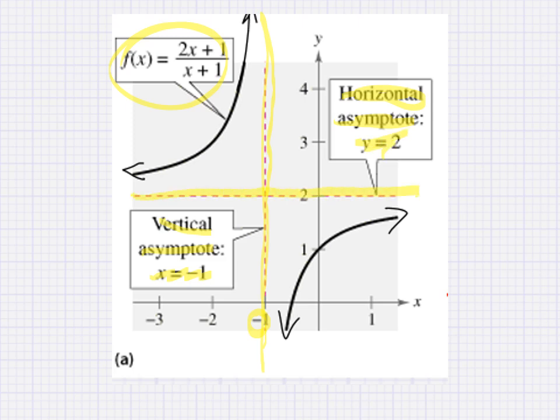So let's study each one individually. Let's start with the vertical asymptote. In this vertical asymptote here, x is going to creep ever so close to that value from the right-hand side and the left-hand side. So let's focus on the right-hand side. As I use each one of these x values here, I'm going to get a point on the graph for each one of those x values.